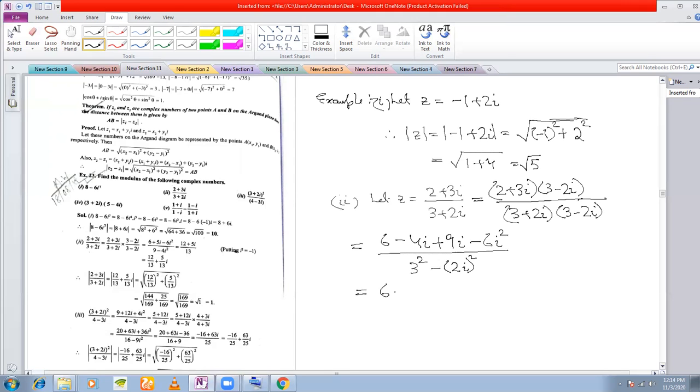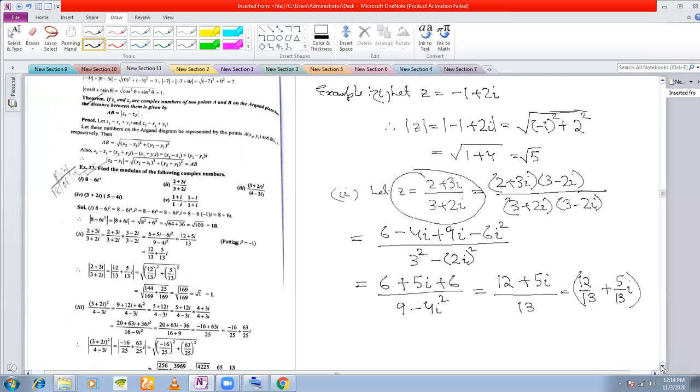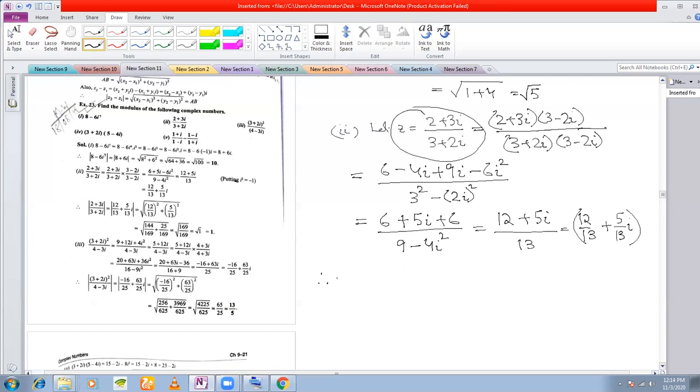So this is 6 plus 5i plus 6 divided by 9 minus 4i square. This is 12 plus 5i divided by 9 plus 4, 13. So 12 by 13 plus 5 by 13 i. So we have separated the real and the imaginary parts of this complex number, and therefore now we are in a position to find out the modulus of z.